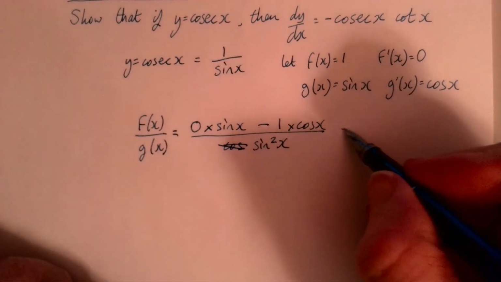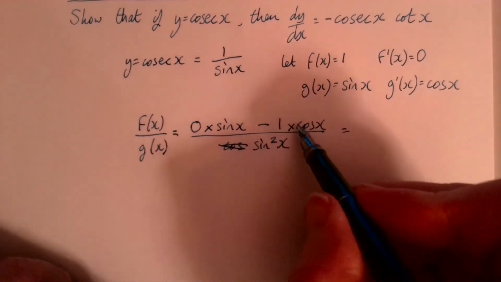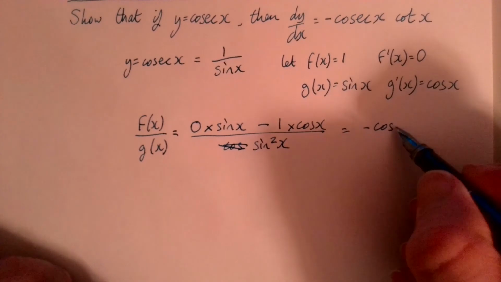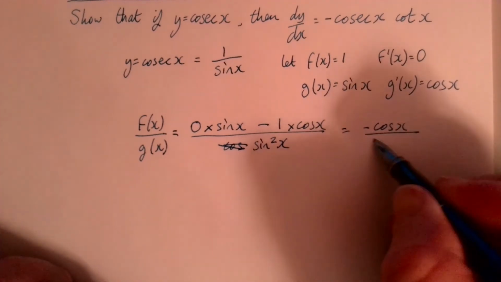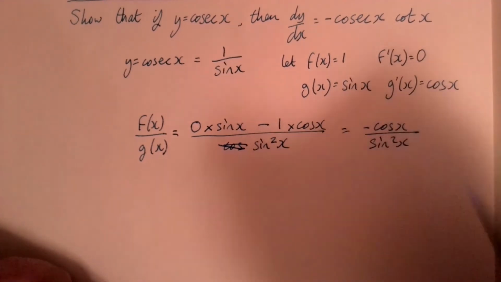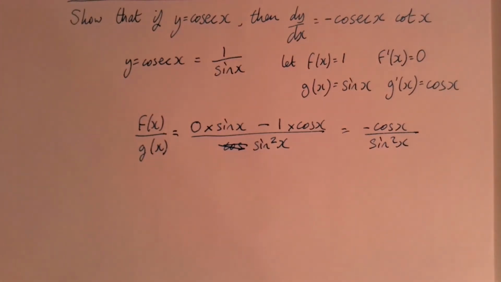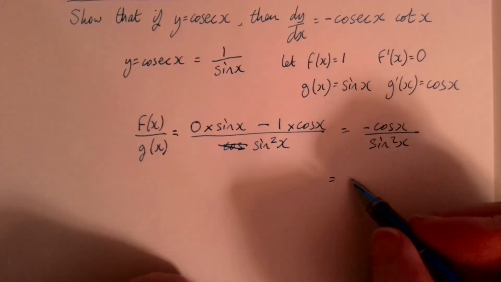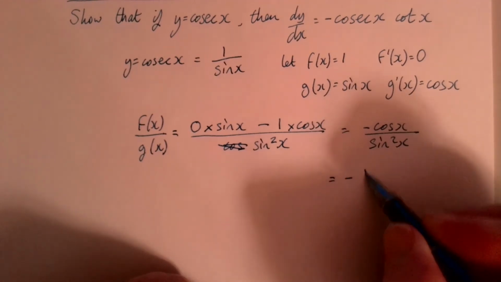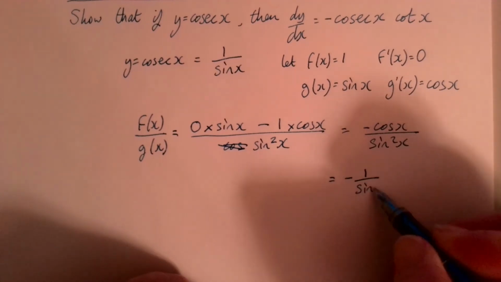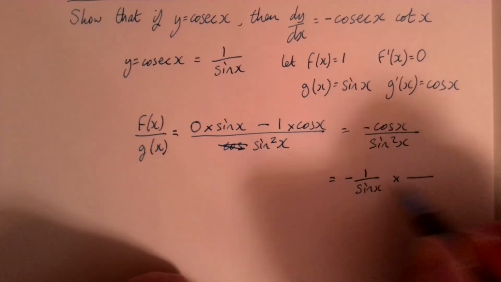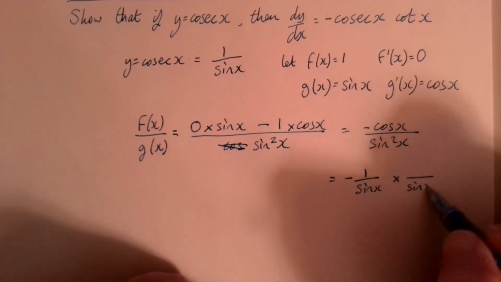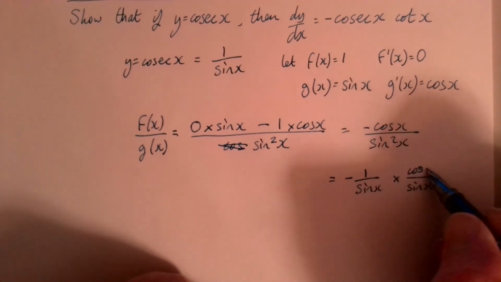Clean this up a little bit. We've got 0 there minus cos x on the top over sine squared x, and we're virtually there. All we need to do is then split that into a multiplication: 1 over sine x, multiply the bottom ones would give you sine squared x, and you've got cos x there.